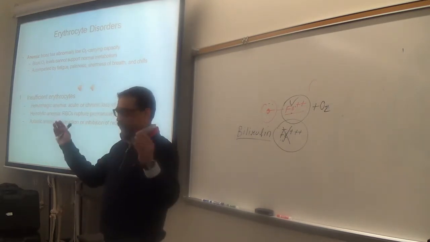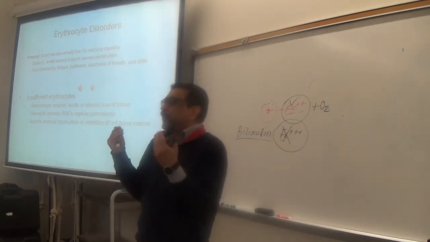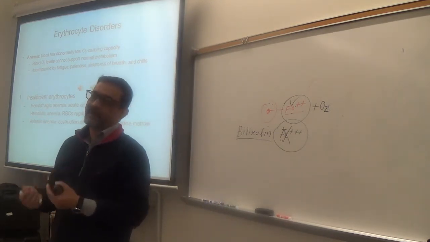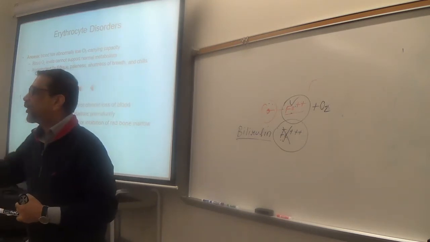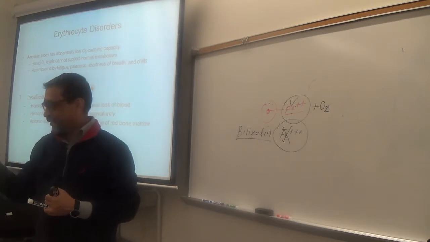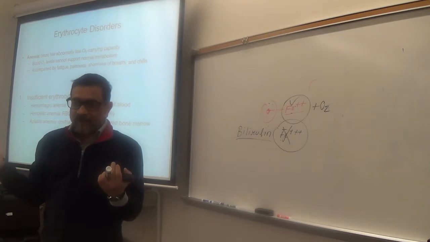Hemolytic anemia. Lysis means breakdown, right? So if red blood cell breakdown or rupture of red blood cells occurs before the lifespan ends, early. What's the lifespan? 3 to 4 months, right?